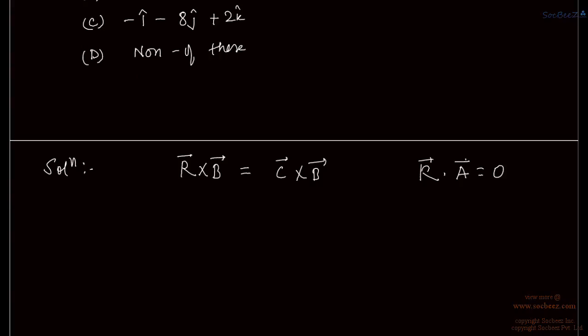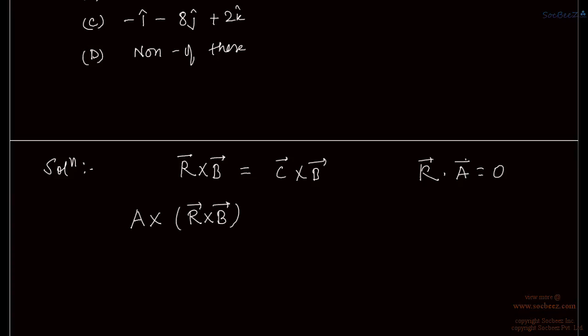So if we see, here is vector R cross B and vector C cross B, and we have a relation R dot A with A. But in equation 1 there is no vector involving A.